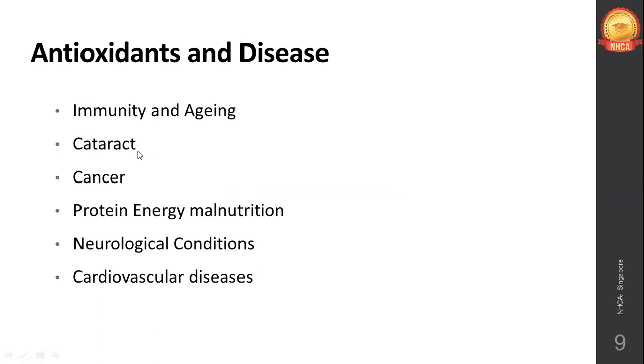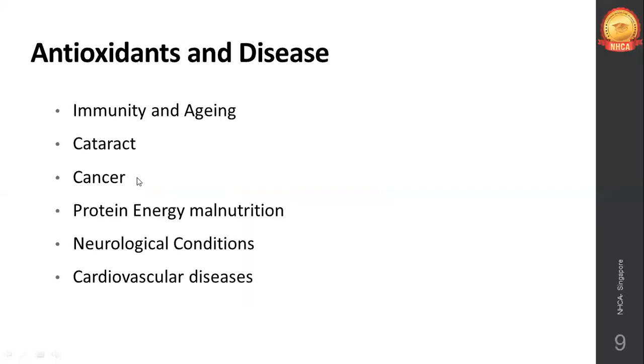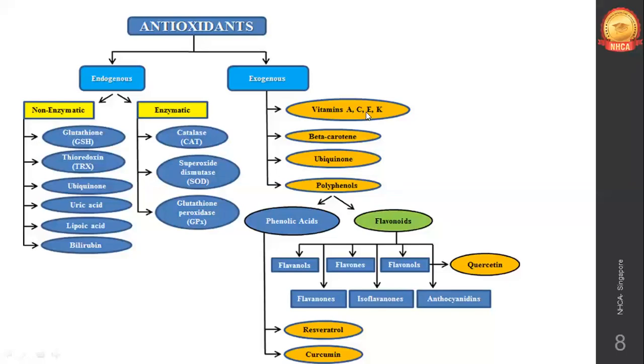So these are various sources of antioxidants, and they are mentioned in detail in the textbook as well. For the exogenous sources, all the vitamins, vitamin E, vitamin C, what kind of antioxidants they are, with examples and small paragraphs on how they function in the body, you can read on your own.